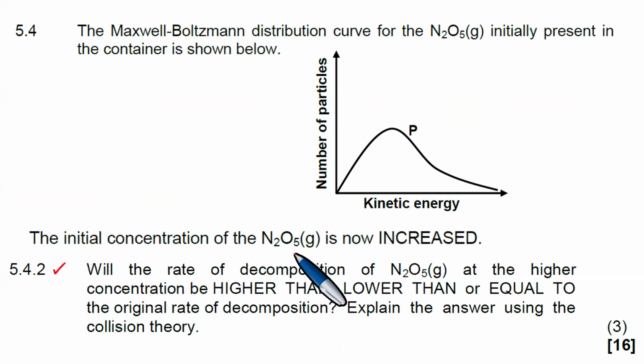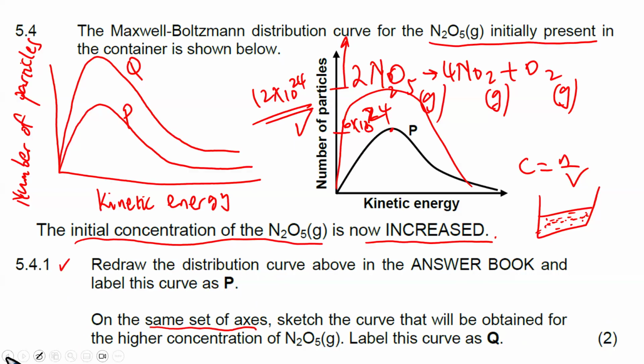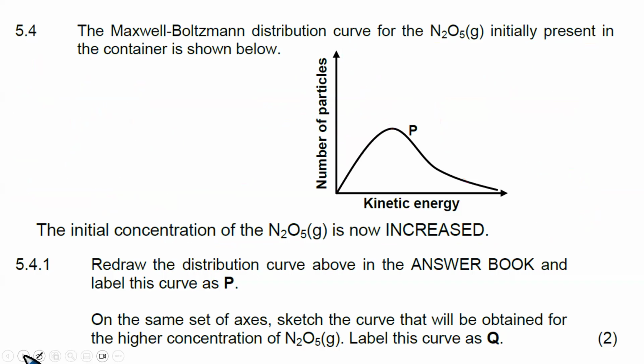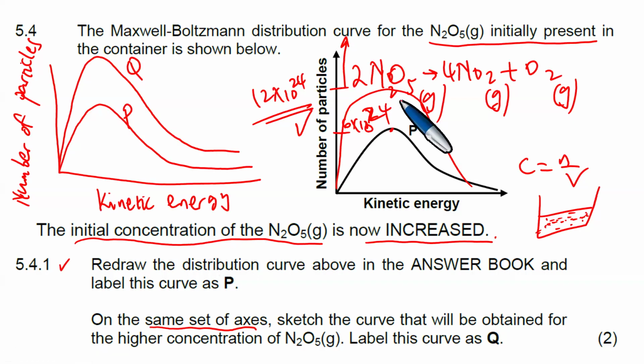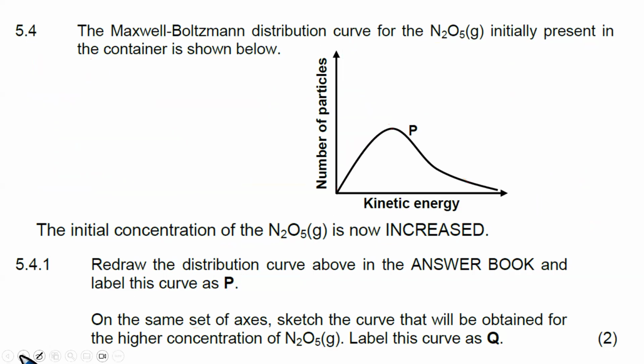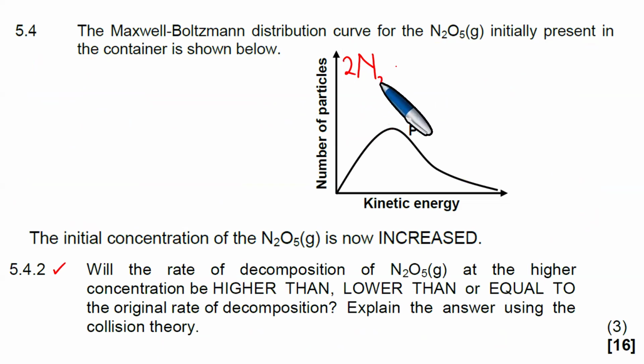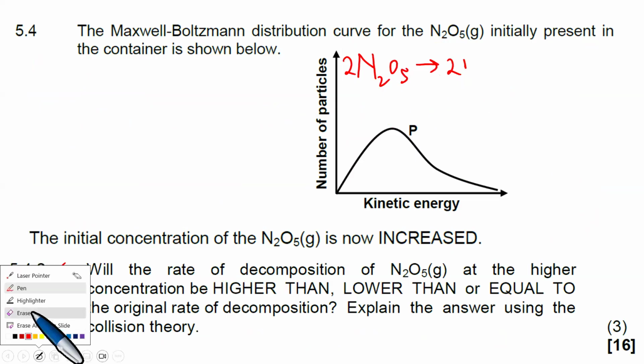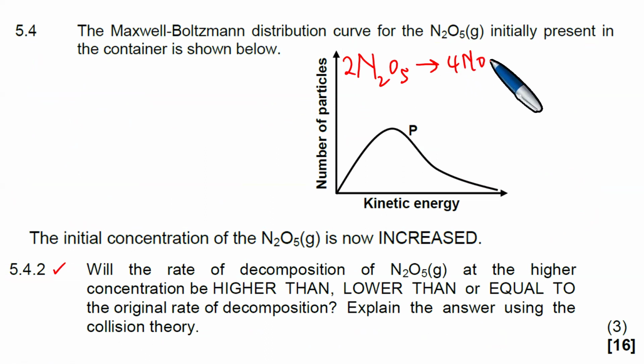5.4.2. The initial concentration of N2O5 is now increased. The reaction is 2N2O5 giving 4NO2 and O2, all in the gaseous state.